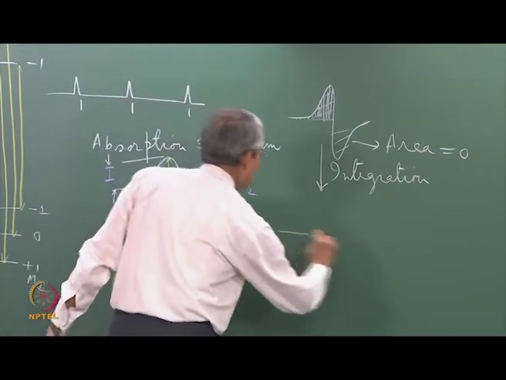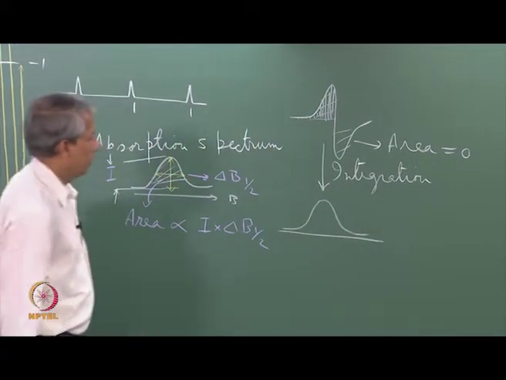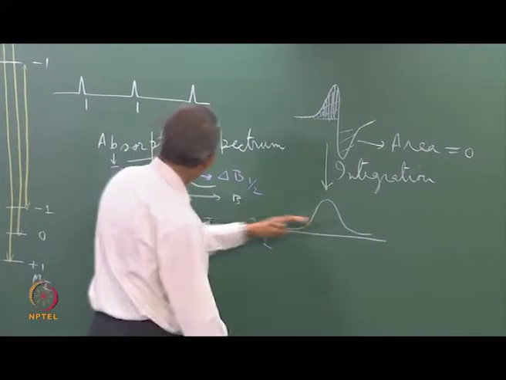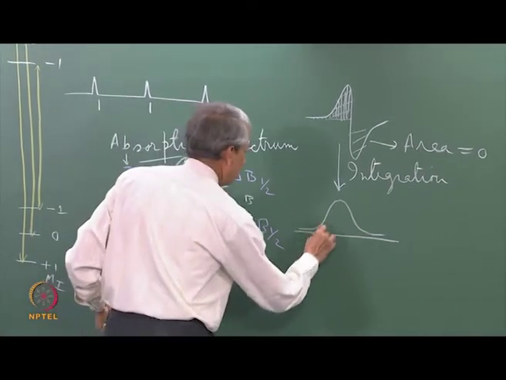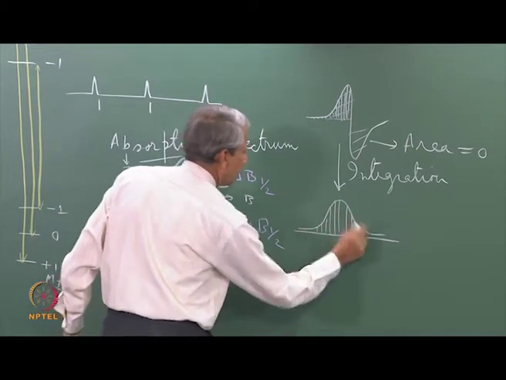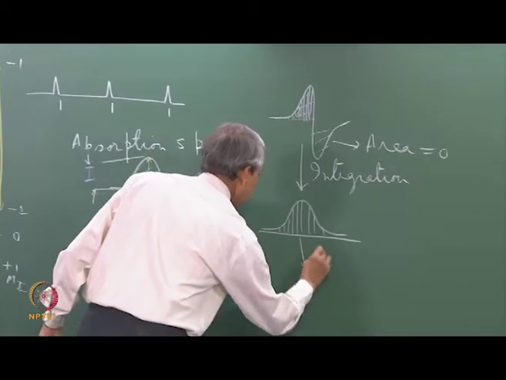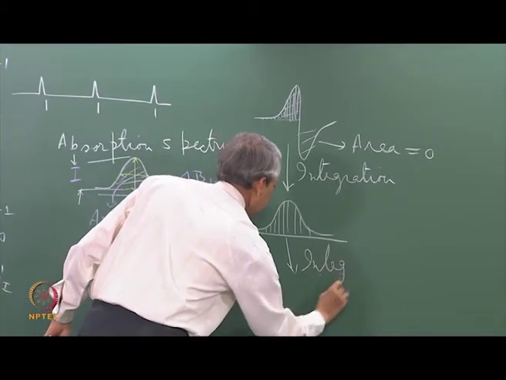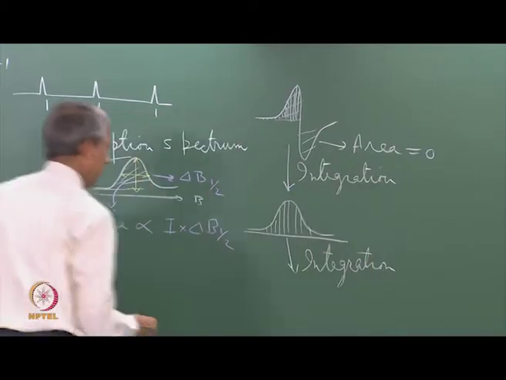Then it will give an absorption profile of this kind, and then the area of this can be calculated in a similar fashion as this one, or one can actually do a numerical integration of this kind, add all these little strips, then I will get the area of this one. So further integration gives the area.